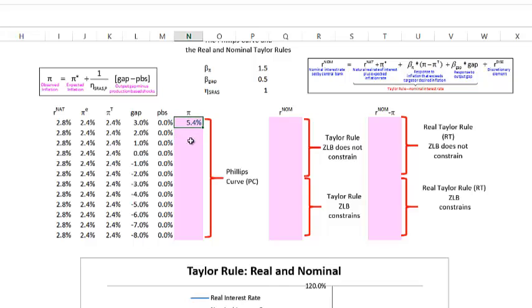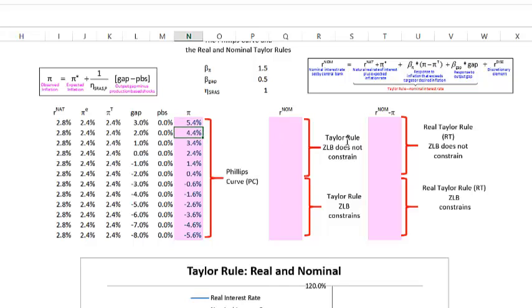So now we see that in our first example, when the gap is relatively high, 3%, the inflation rate is far above the expected inflation rate. It's at 5.4%. But now what we're going to do is copy this down, and we can do that because we have nailed down the elasticity here. And what do we find?